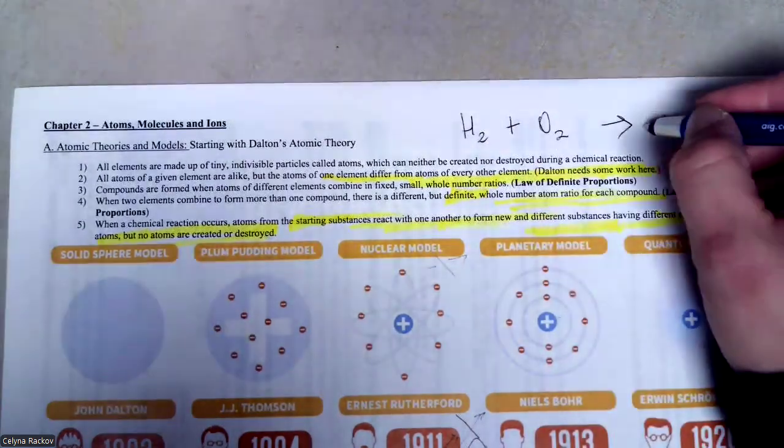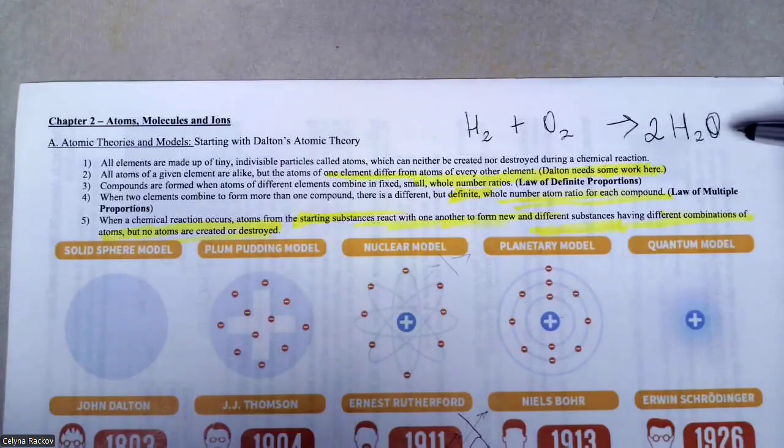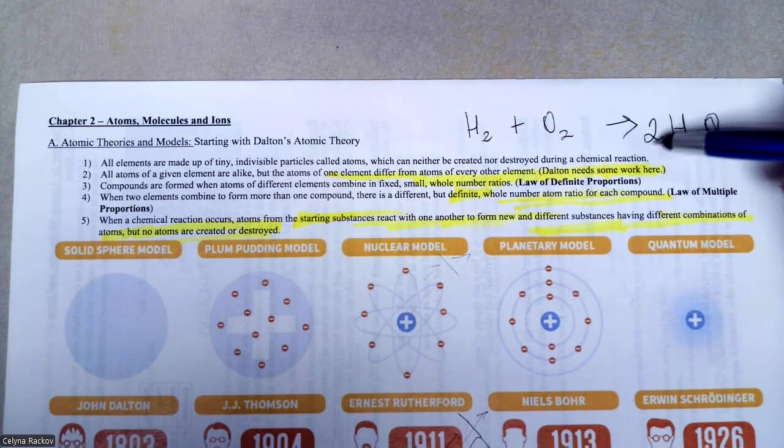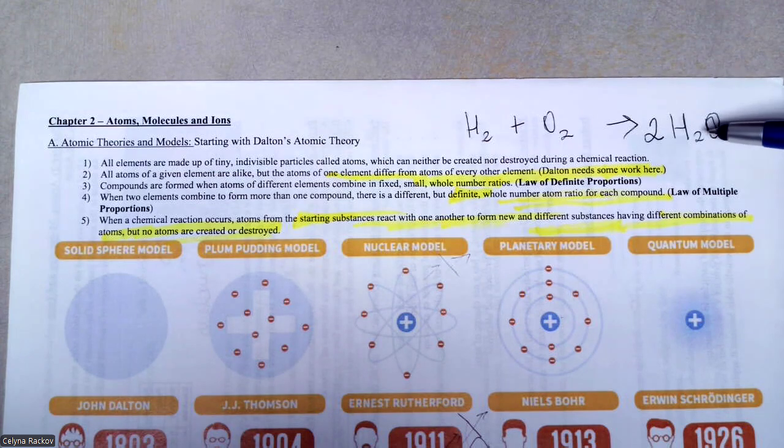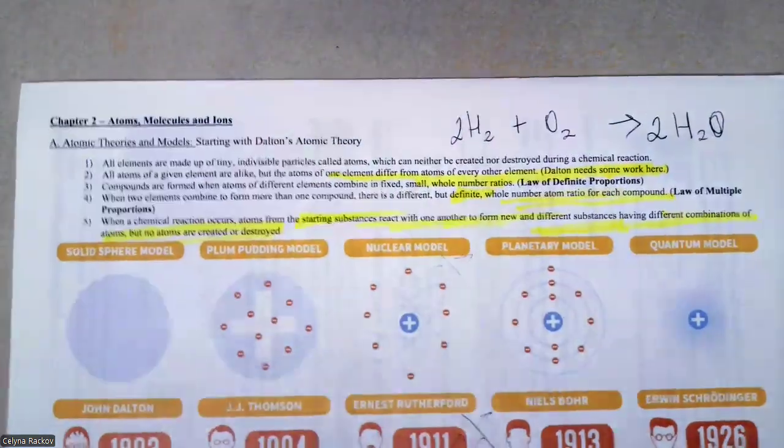So we're going to add 2. When you add 2 here, you get 2 oxygens, perfect. But when you add the 2 in front, you are also changing the amount of hydrogen. 2 times 2 is 4. So we need to add 2 here to get 4 hydrogens as well.